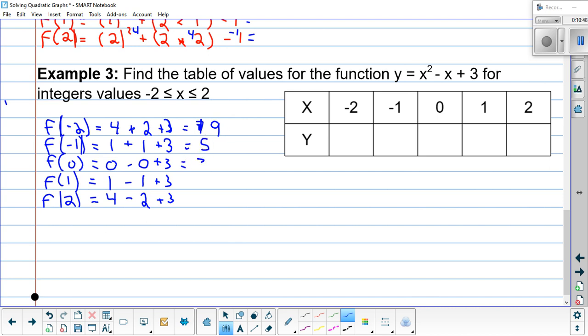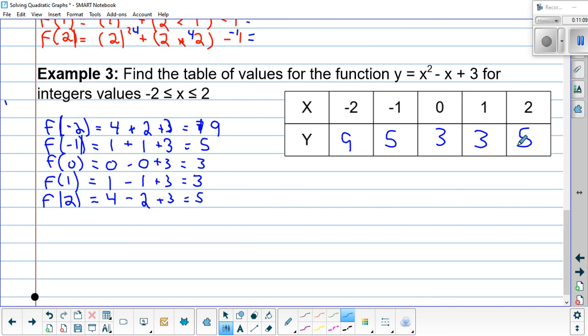Then we just have 3. Then we have 1 minus 1 is 0. We have 3. And lastly, 4 minus 2 is 2 plus 3 equals 5. So it'll go 9, 5, 3, 3, 5.